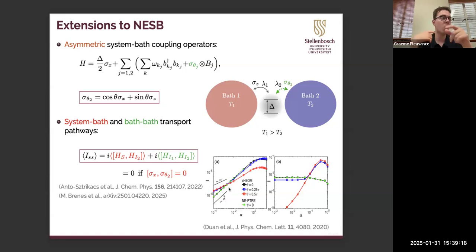In this case, you actually get a quartic scaling. So rather than being quadratic, it becomes quartic. I mentioned these two terms, the system-bath transport pathway and the bath transport pathway. You can understand this in the following sense.